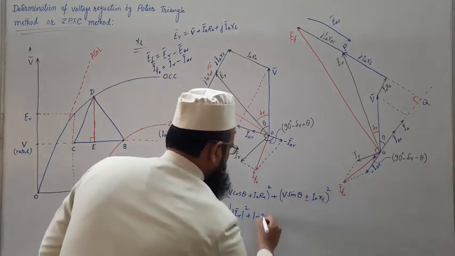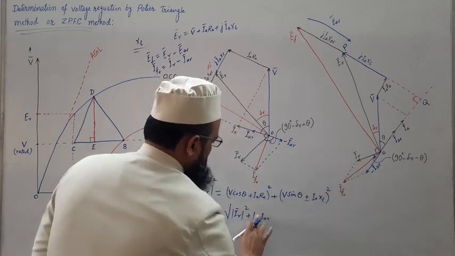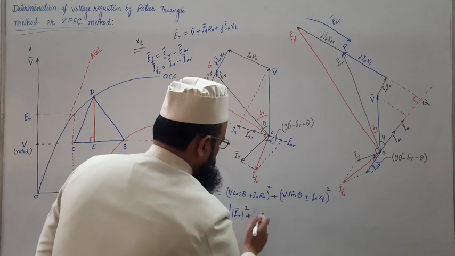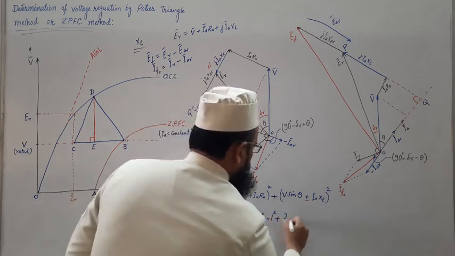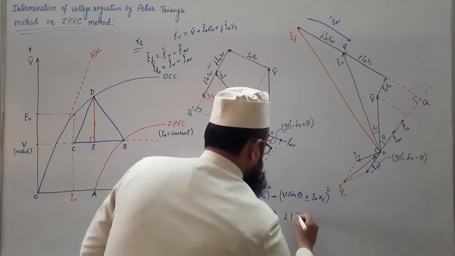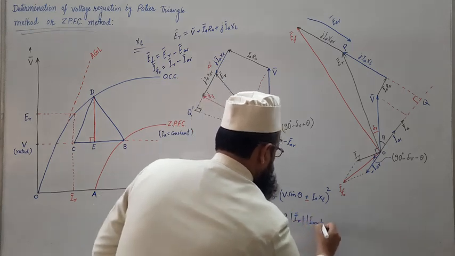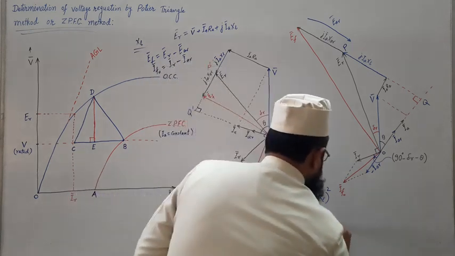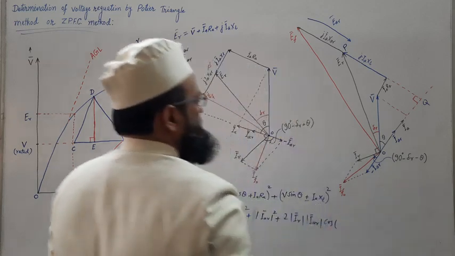You may take minus IaR square. No, this is already minus IaR. So directly write magnitude, right? Plus twice of these two magnitudes, Ir into IaR, into cosine of angle between these two.